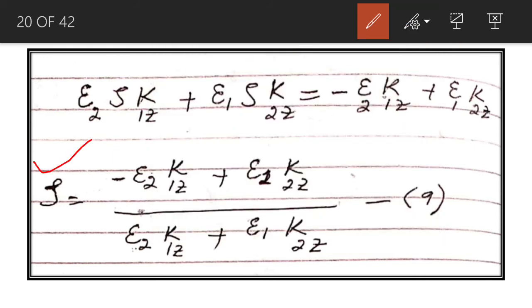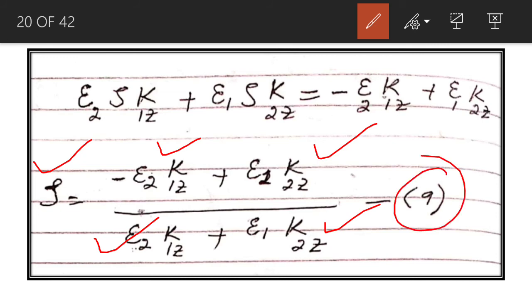So the reflection coefficient will be equal to minus epsilon 2 k1z plus epsilon 1 k2z divided by epsilon 2 k1z plus epsilon 1 k2z, and this is equation number 9.